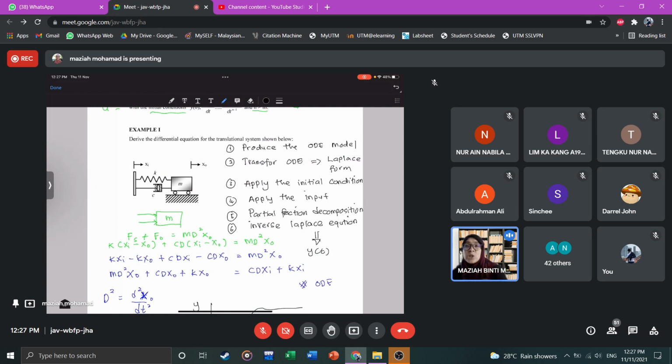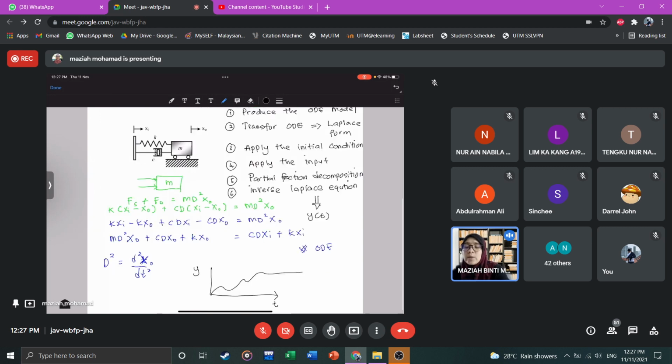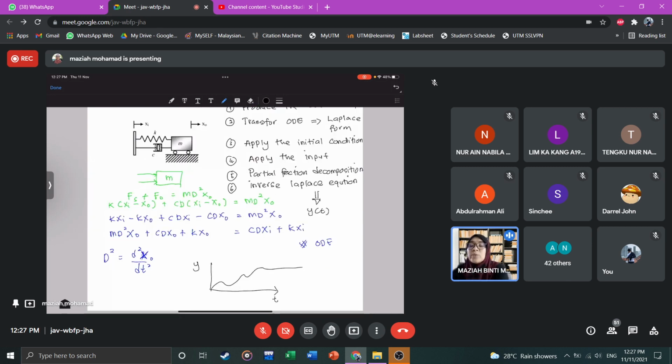This is shown in example 1. We produce the ODE model from the system: we do the free body diagram and then we get the ODE. Once we get the ODE, there comes step number 2, which is to transform the ODE into Laplace form.